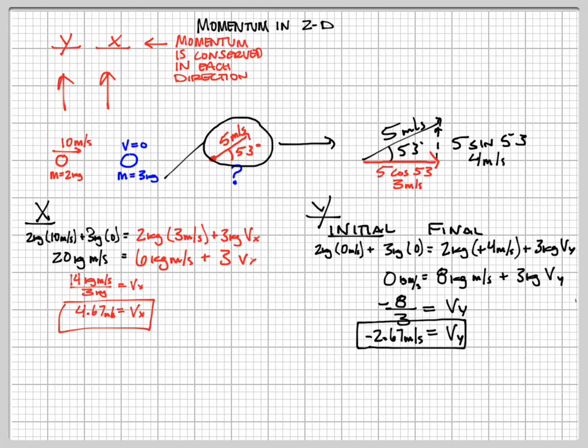So if I want the total velocity afterwards, we're going to go 4.67 meters per second in the x, and we're going to go 2.67 meters per second in the y, and that's down because it's negative.